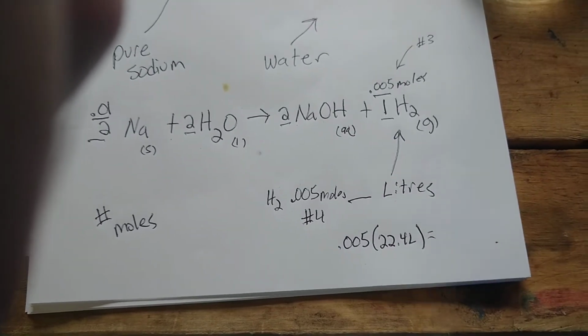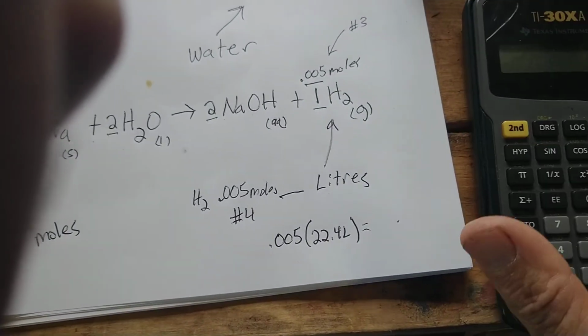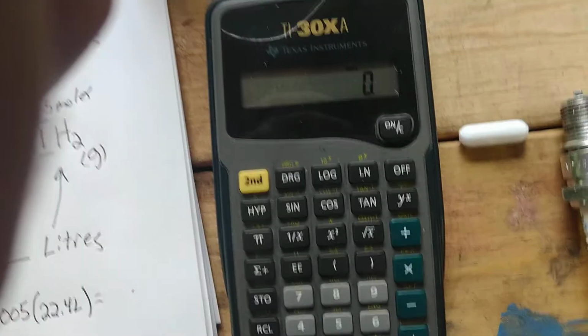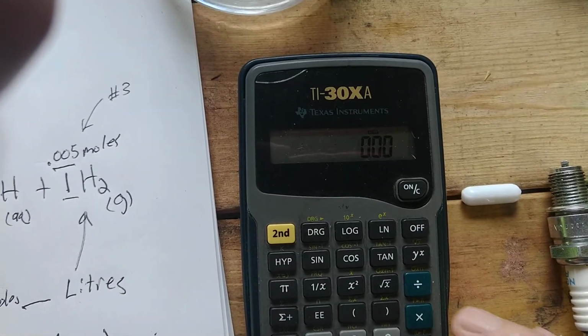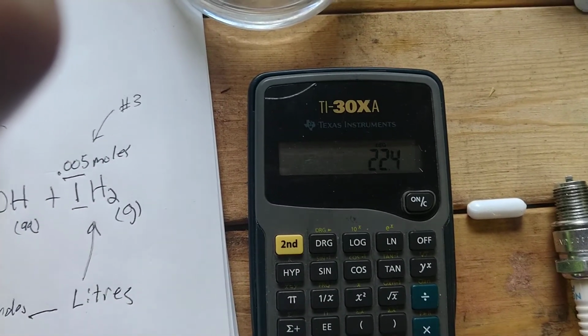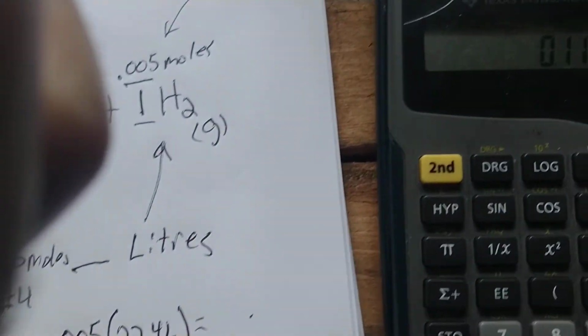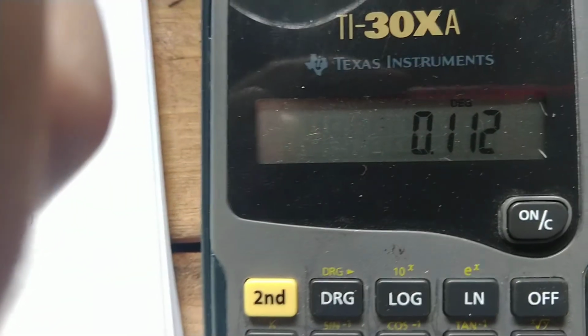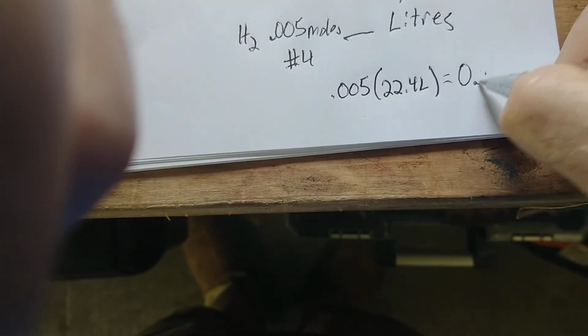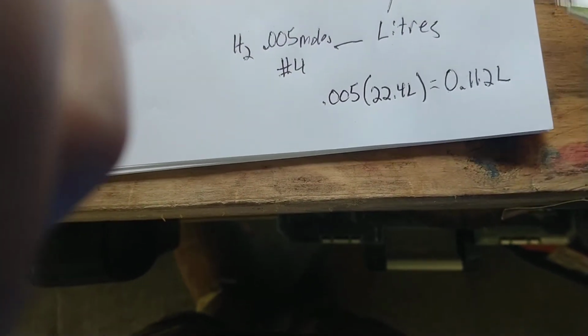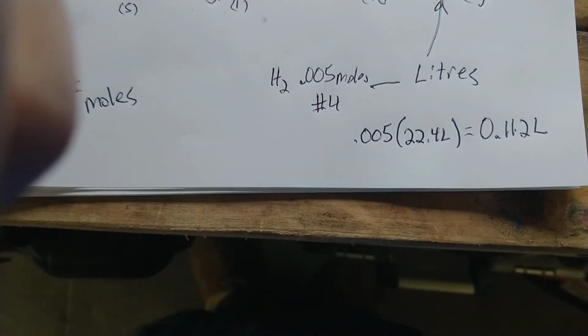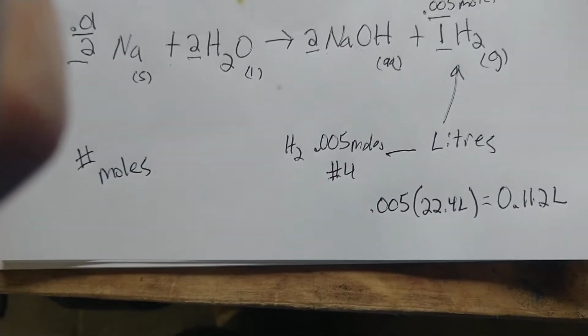And that's going to give us, take my calculator right here, 0.005 times 22.4 equals 0.112 liters of hydrogen gas will be produced.